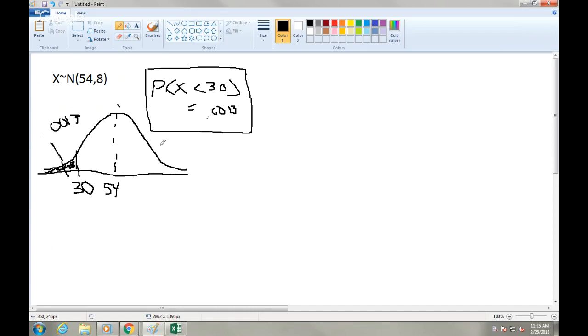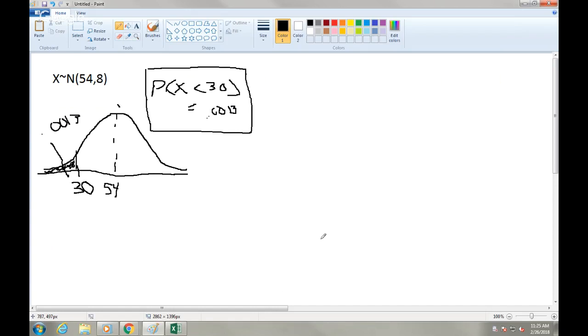For those of you using TI calculators, I'd like you to take 5 minutes right now. It's 11:25 right now. I'm going to give you till 11:30. Look up online what the command is to do this on your TI calculator.